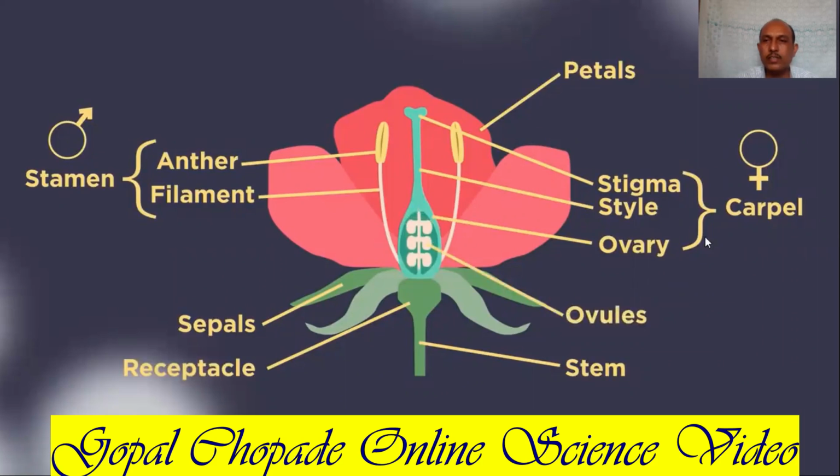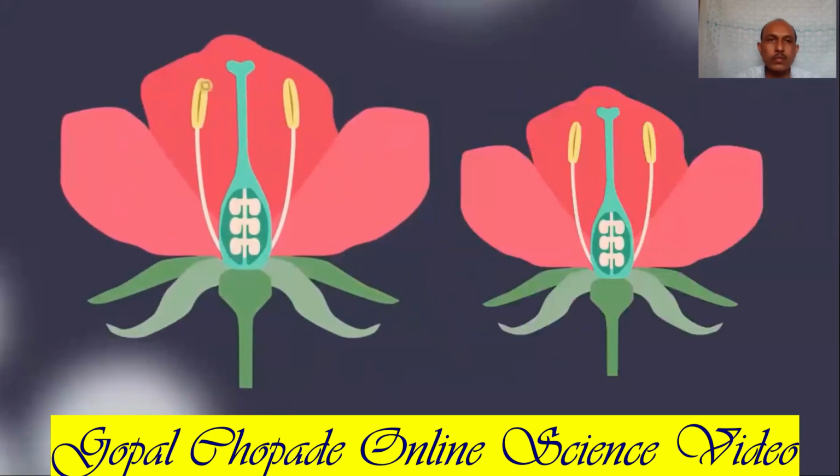Okay, so here it is the female gamete. See, the pollen grains are transferring from here to here. So this is cross-pollination.